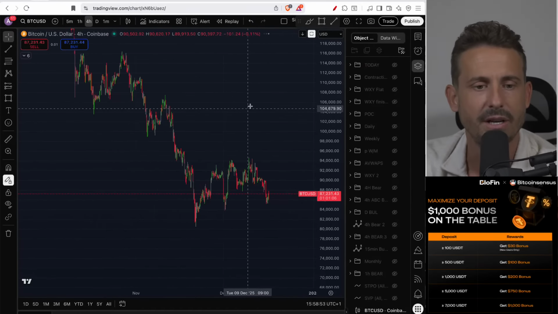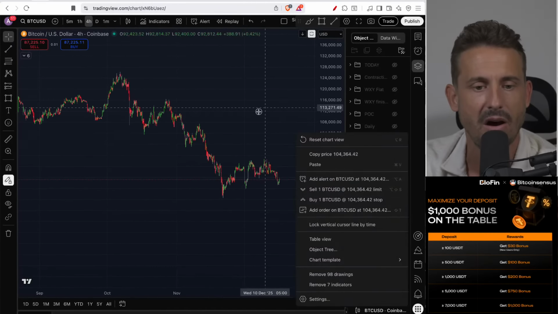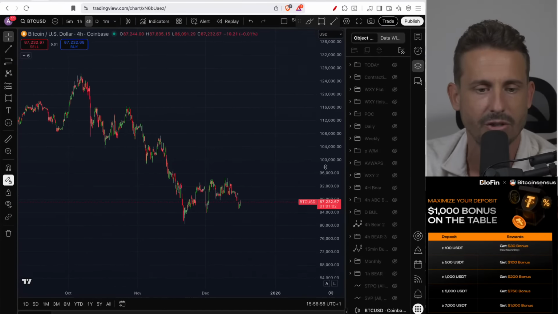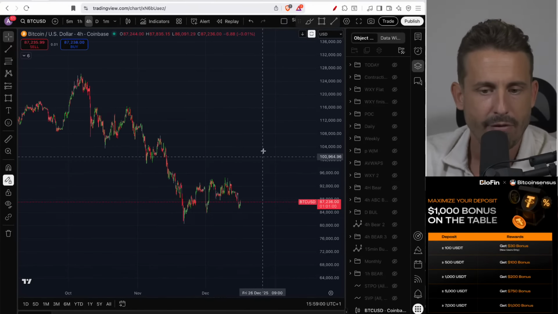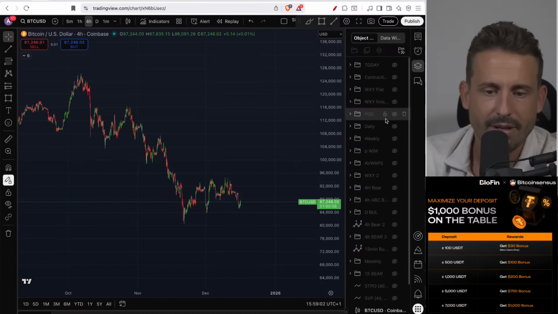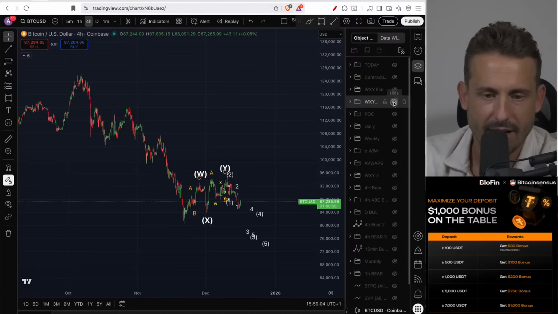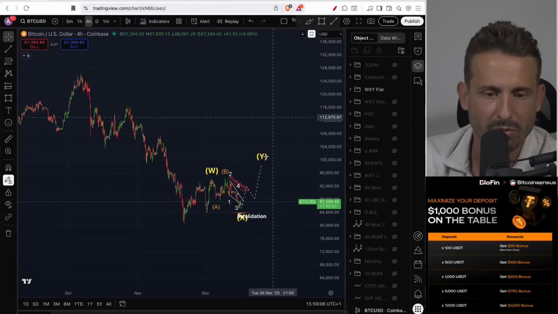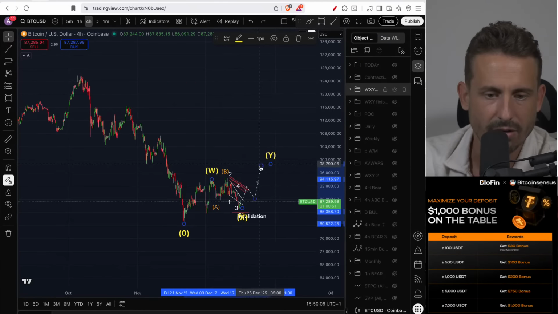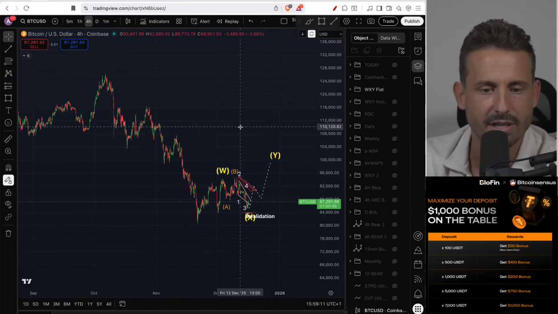This would actually bring a very large WXY structure. Considering the bullish case, which I have to say is possible, you're having a double zigzag, but it's larger, it's going to be very rangy.